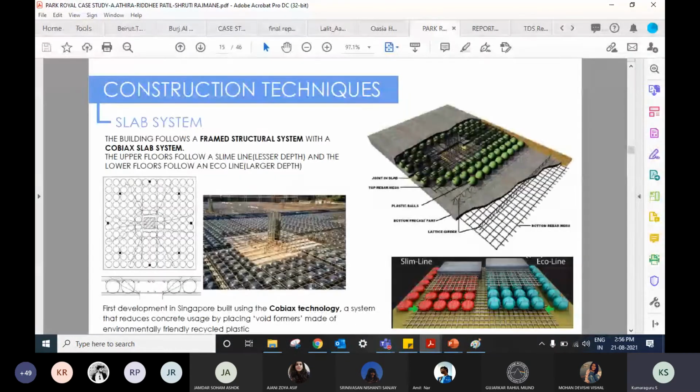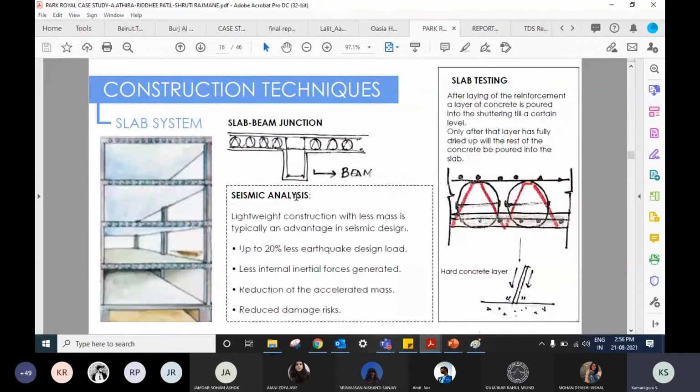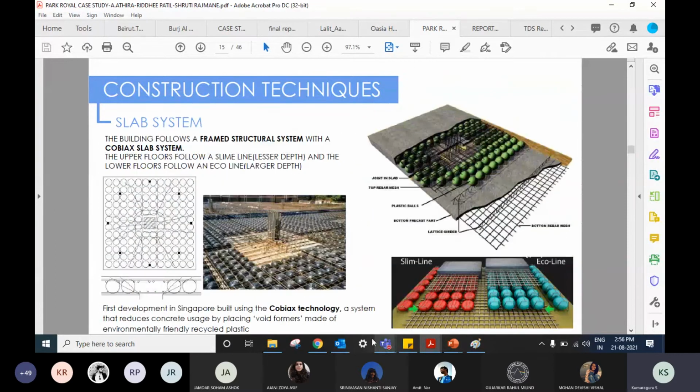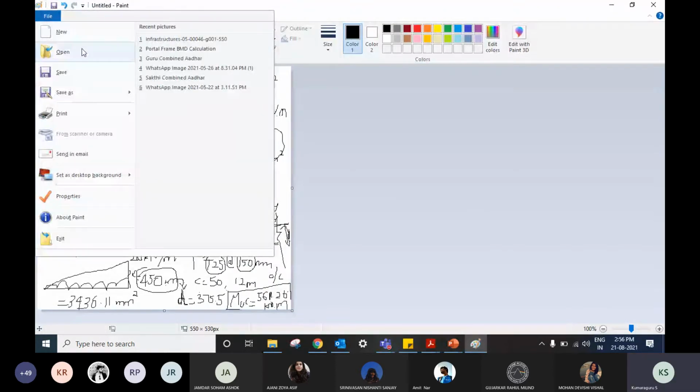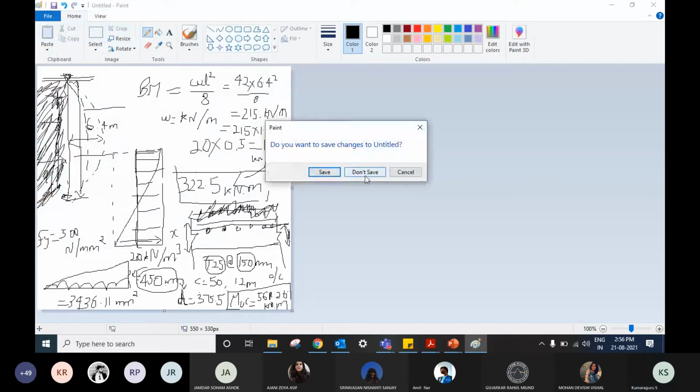I don't know why. Okay, so slab system is again, you have a wider slab system in this case. Let me tell you where my question is coming from. Just for a better understanding, why is this wider slab system not used everywhere? Because it's in the research stages.